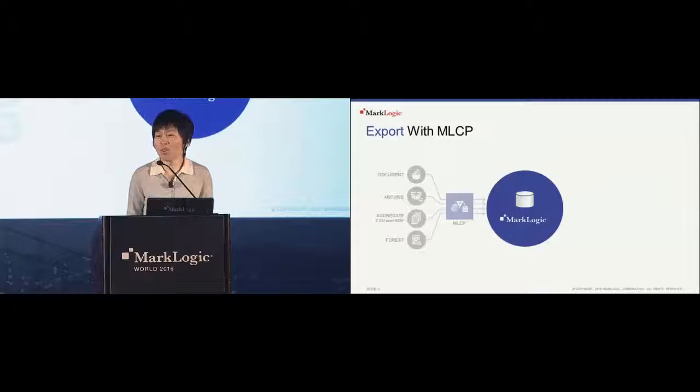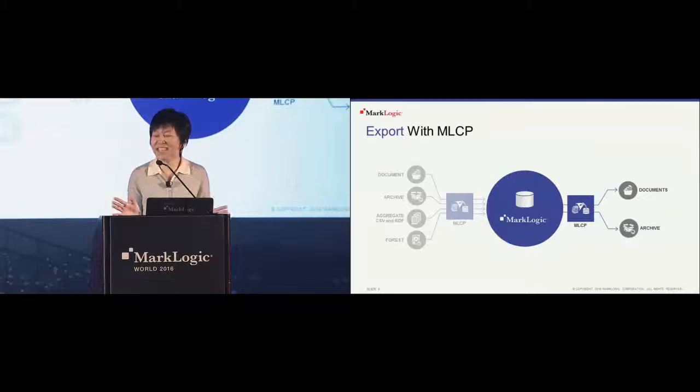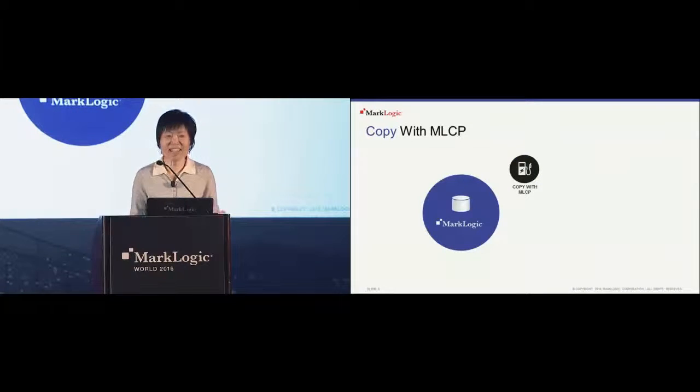You can also go the opposite direction. You can dump the data out to the file system, either as documents or as an opaque archive. I wish that it's completely symmetric to the import, but I guess we still have work to do here. And then copy.